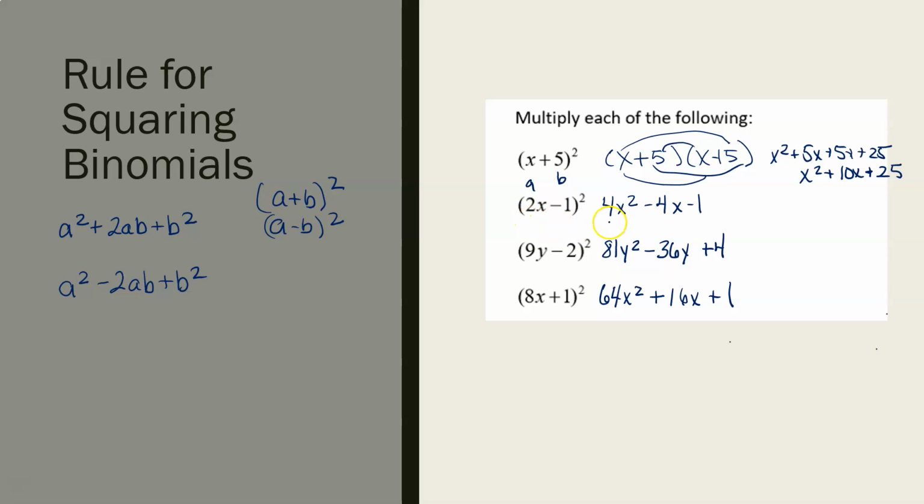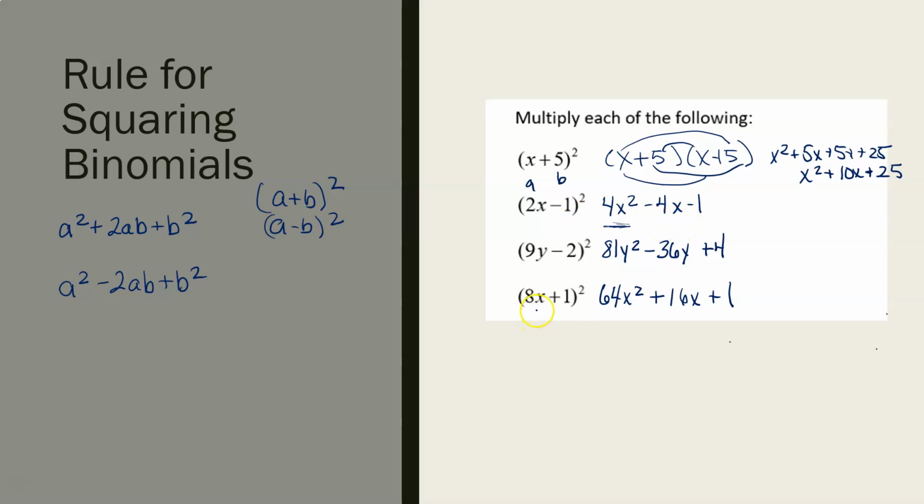So you have a squared, which is 4x squared, right here. So you have minus 2ab. So 2 times negative 1 is negative 2, times 2x is negative 4x, and negative 1 squared is 1.